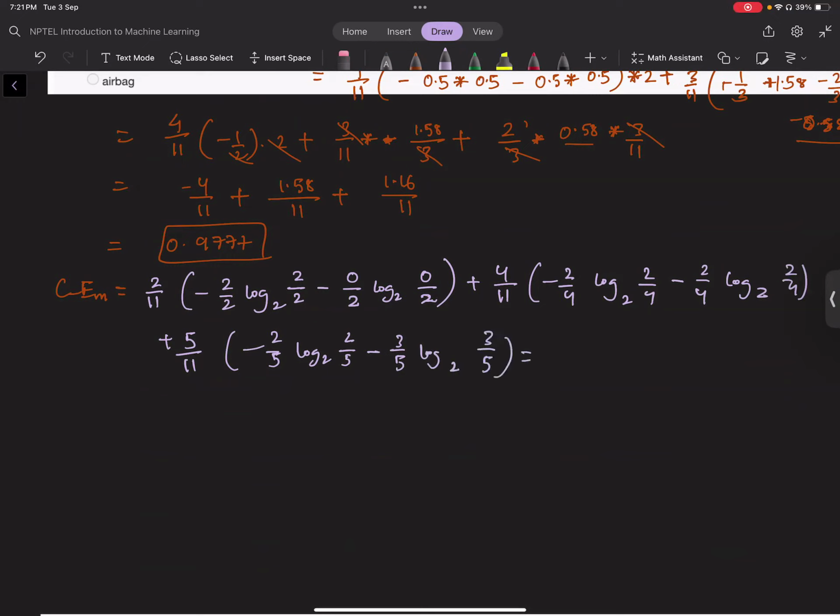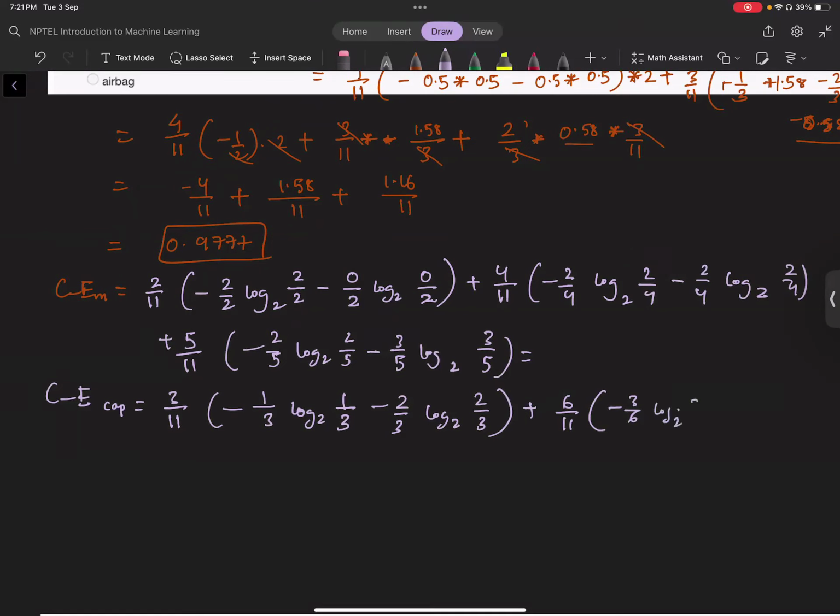I'm writing this calculation for others as well. Capacity equals 3 by 11 times minus 1 by 3 log 2 1 by 3, minus 2 by 3 log 2 2 by 3, plus 6 by 11 times minus 3 by 6 log 2 3 by 6.